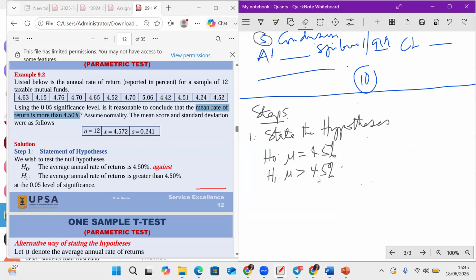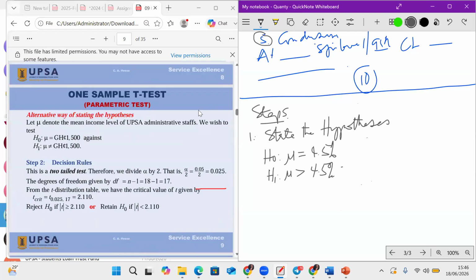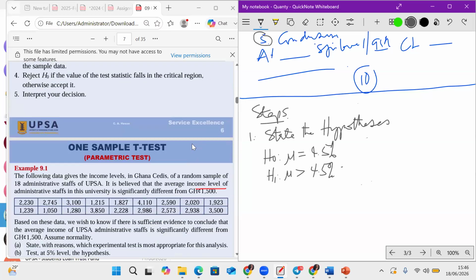Yesterday, we solved one which was involving it's S. So let me show you what we did yesterday. Look at the question. The question says, I believe that the average income level, and we said average, what other word can we use for average?